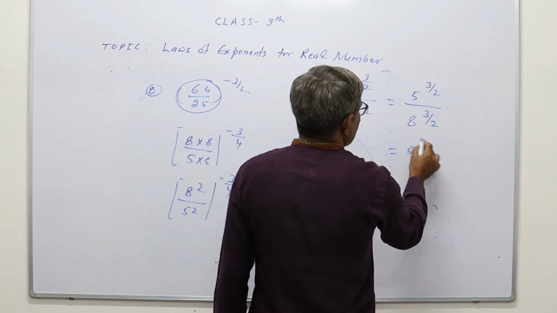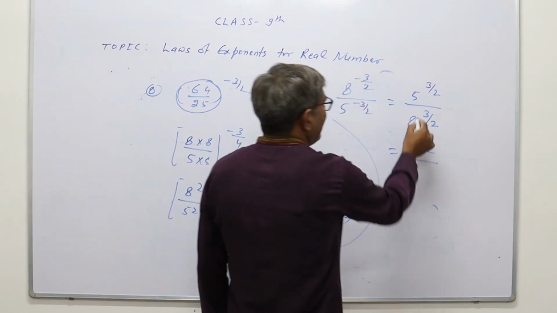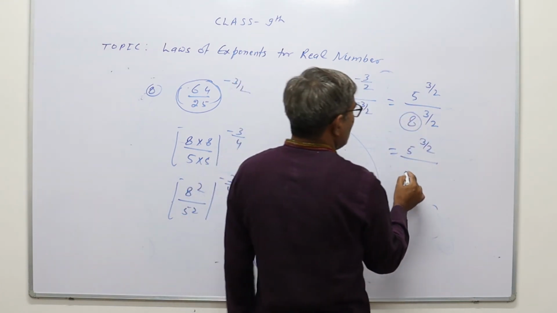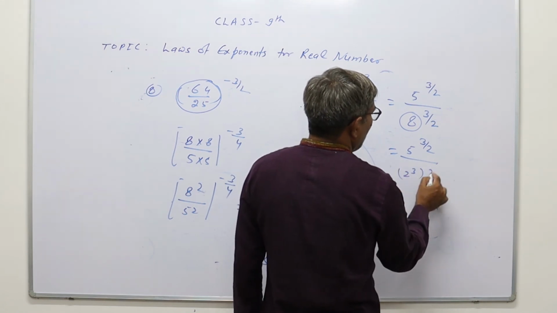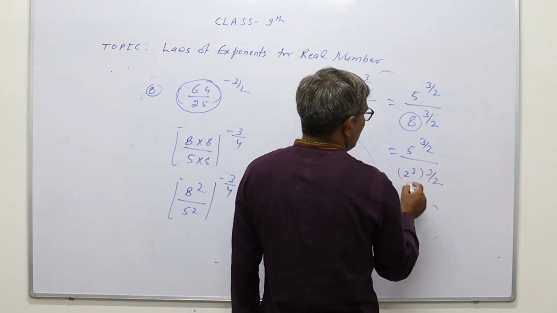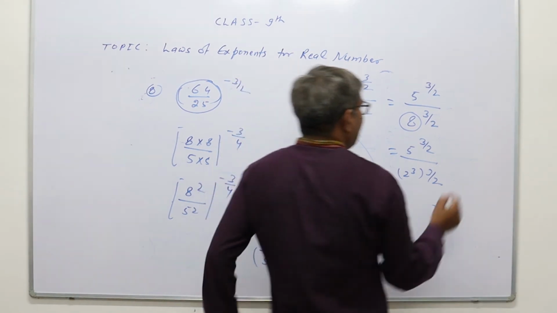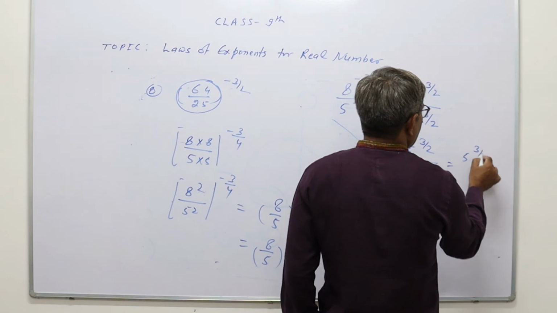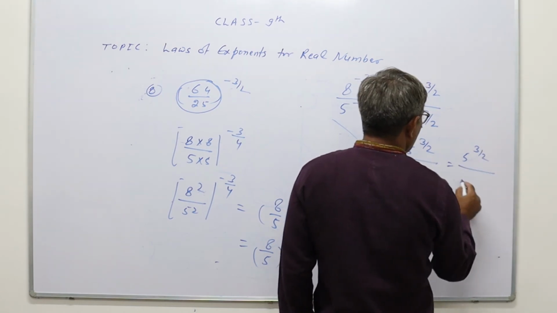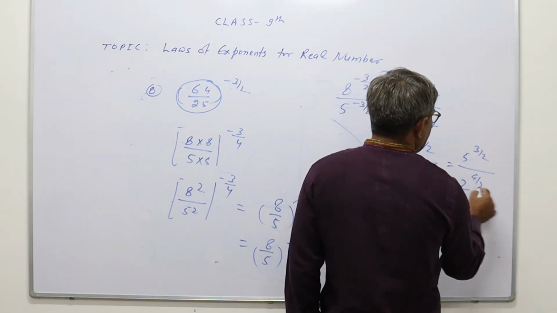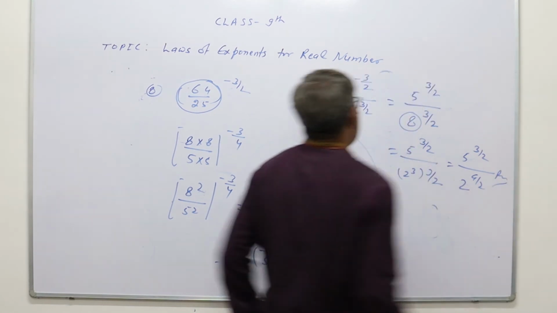So now 5 raised to the power 3 by 2 as it is. In the denominator, 8 can be written as 2 raised to the power 3 whole power 3 by 2. So this will be written as 5 raised to the power 3 by 2 whole upon 2 raised to the power 9 by 2. So this is the answer.